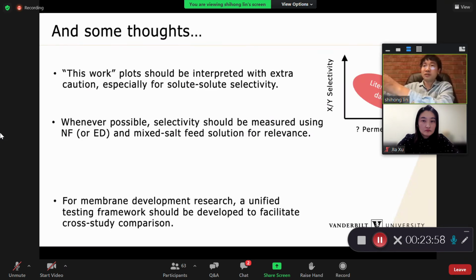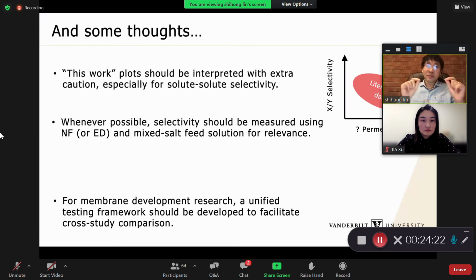In some more applied studies, you know the exact feed composition of the salt lake, that's totally fine. Just use that for relevance. But without that specific application, maybe we need a unified testing framework so that everyone just follows that framework and the results are actually comparable.